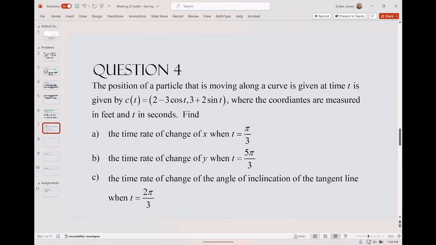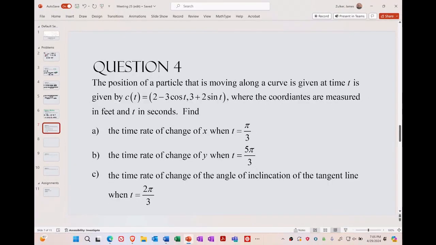Position of a particle moving along a curve is given at time t. Yeah, English much. Okay, let's fix that.